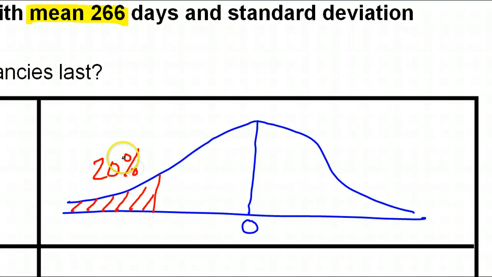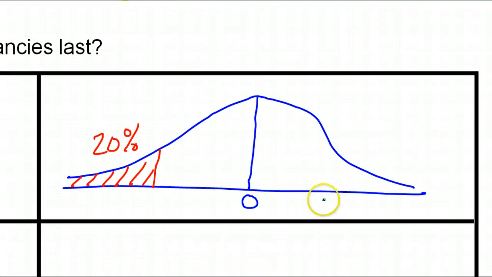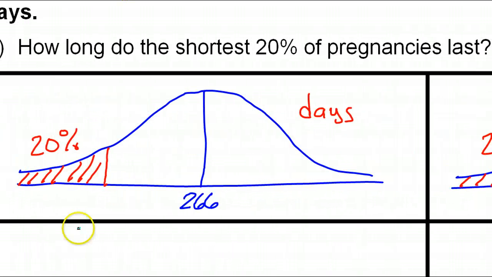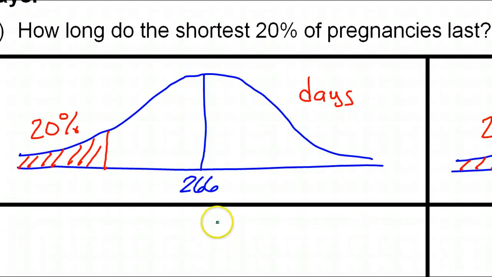Alright, so bottom 20%. Okay, oh, and this must be labeled z-scores. Okay, so we are looking for this number. Like, how far over is this? How many days is the bottom 20%?